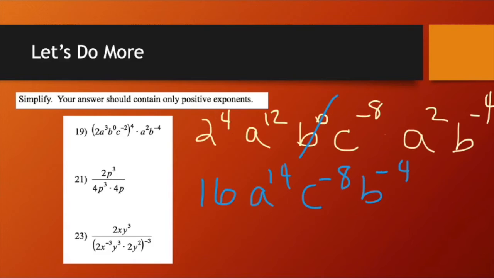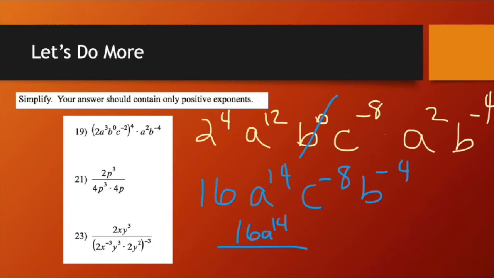How do I turn those? Multiply by -1. They have to be fractions. Yes, we put them in the denominator. Anything we have with a negative exponent, right now they're in the numerator with an invisible 1 underneath. So the 16 and the a to the 14th are going to stay on top.